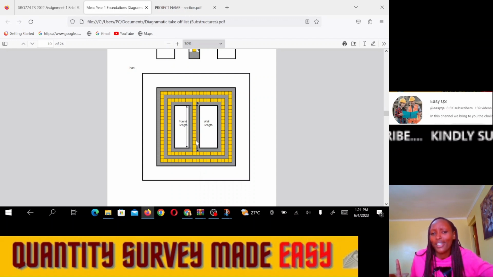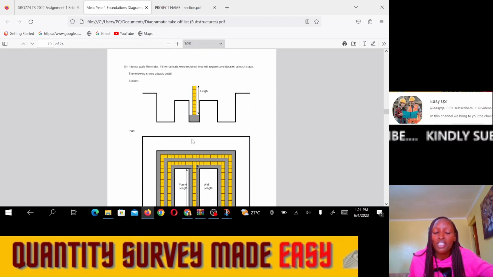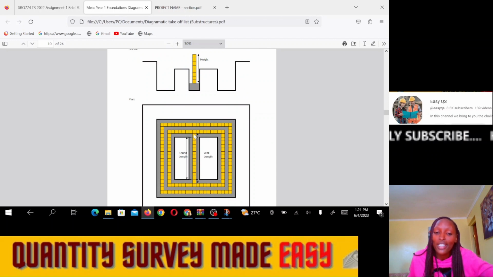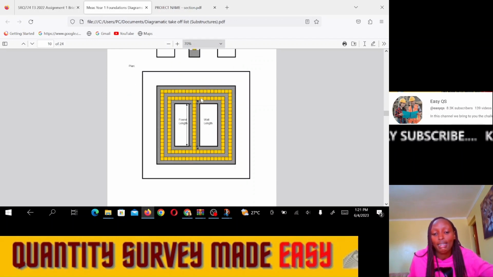I hope that is very clear. If you haven't understood that, kindly replay it, and I'm sure you'll understand. So in this item, we were measuring the area of the internal walls. So the area of the internal wall shall be where it meets the external wall, from here up to here. Then we multiply the height up to the DPC.